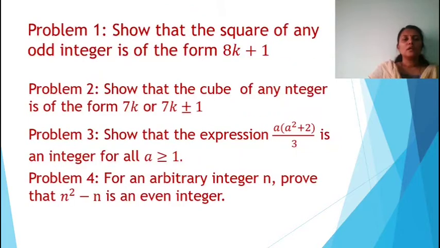Now we have the concepts of divisibility, some problems of divisibility. The first problem is show that the square of any odd integer is of the form 8k plus 1.